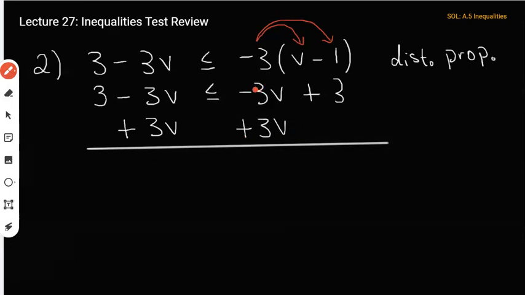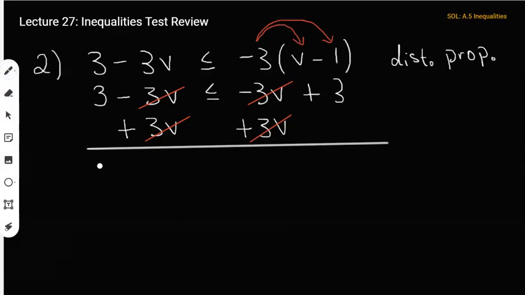So now the -3v and the +3v are going to cancel out on the right side, but they're also going to cancel out on the left side because I've got a -3v at the top and a +3v at the bottom. So they add up to give me 0.